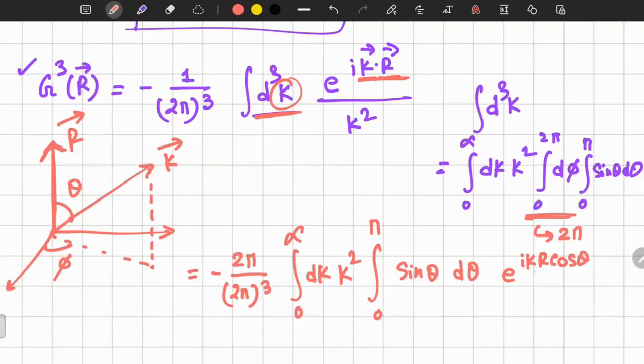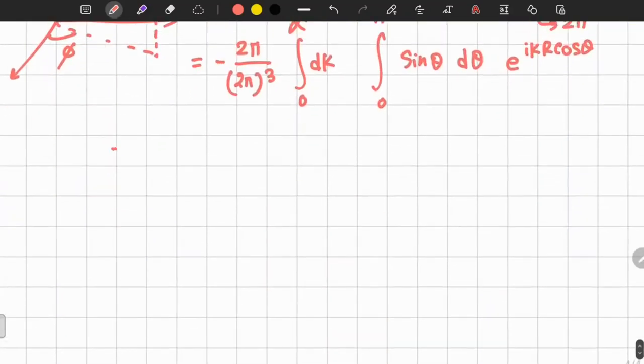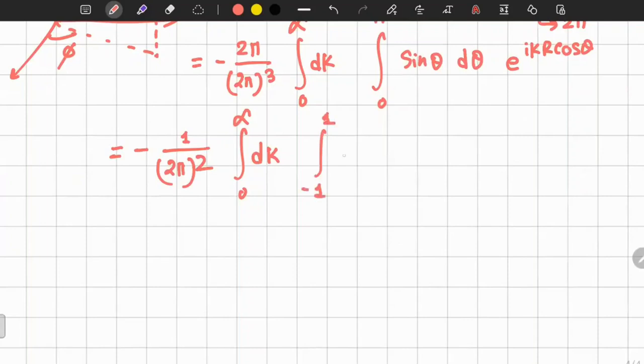Now this k and r are scalar quantities, divided by this k square. Essentially, this k square and this k square will cancel out. So this is our integral. We have to solve this integral. So it will be minus 1 by 2 pi square, integration 0 to infinity dk. So here we can write this as d of cos theta e to the power i k r cos theta.